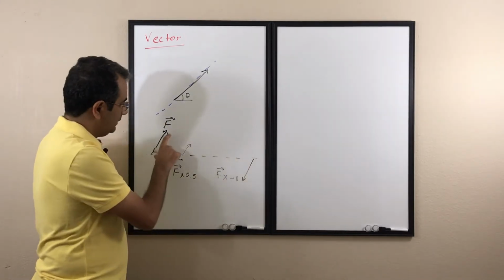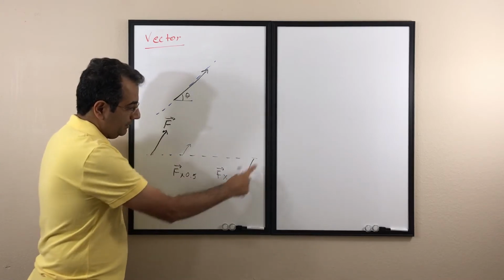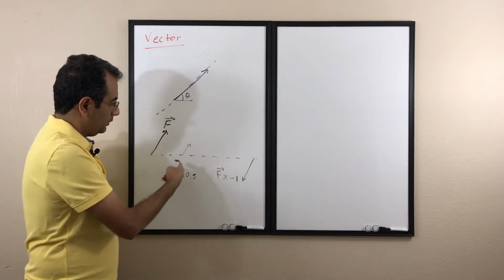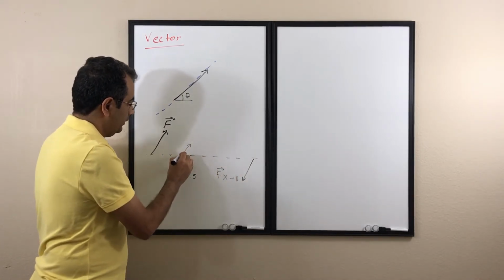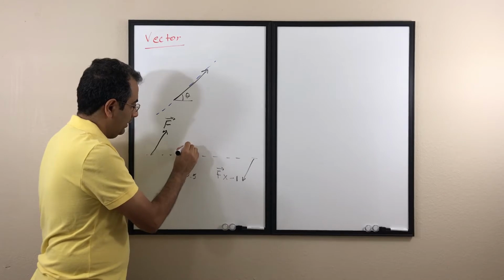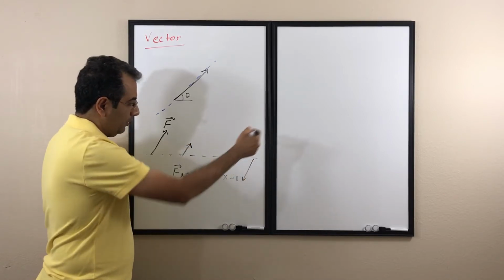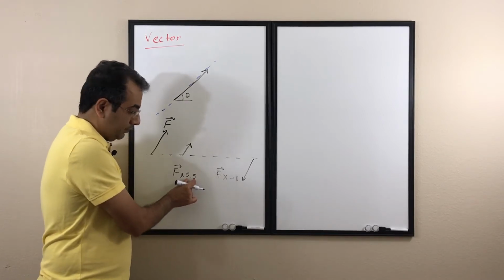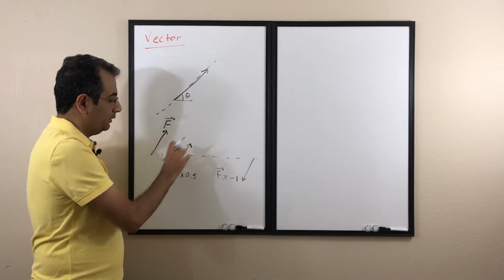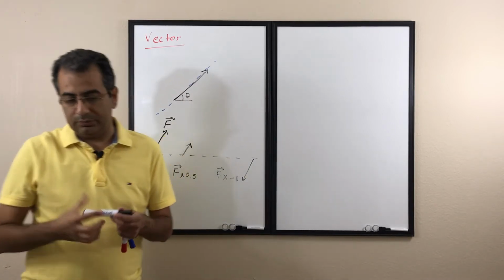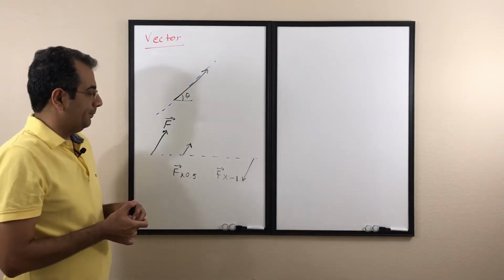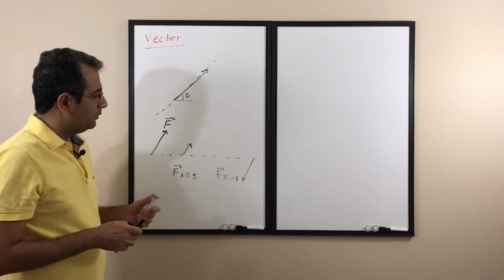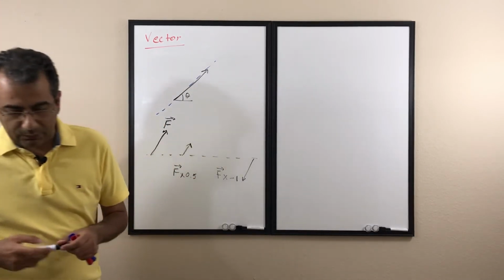The magnitude is the same because it's 1, but the direction is different because we have the negative sign here. So if the scalar is positive, it has the same direction, and if it's negative, it has the opposite direction, and the value of the scalar is how we are going to magnify it or make it shorter, so change the magnitude.